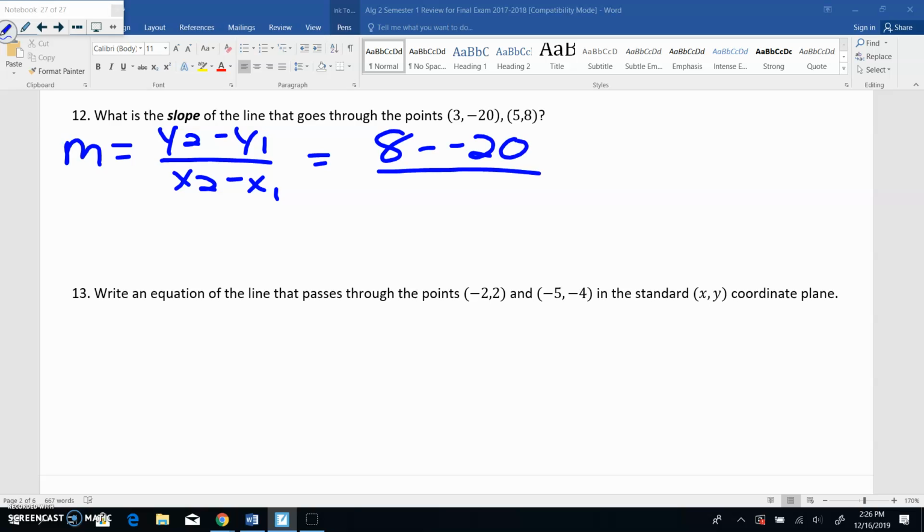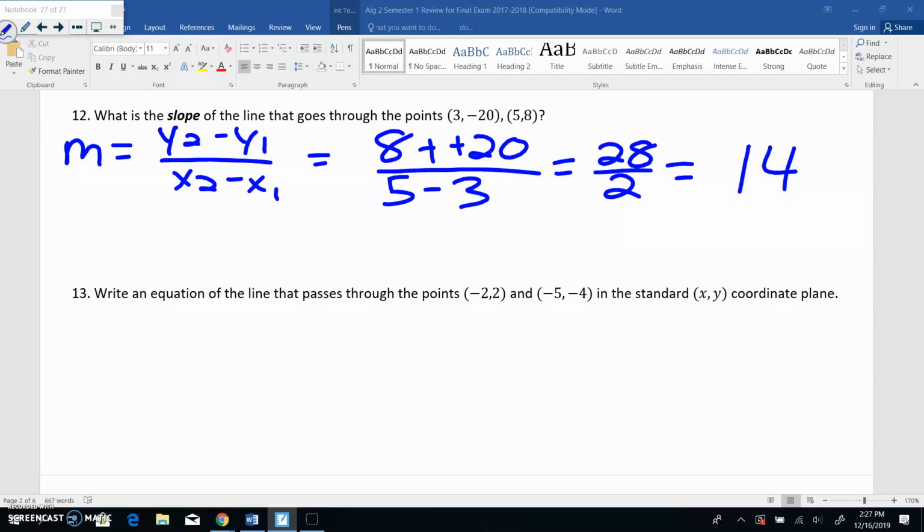On the bottom, I have my x2 minus my x1. Up top I see minus a negative, so I'm really thinking plus a positive. So 8 plus 20 is 28. On the bottom, I have 5 minus 3, which is 2. 28 divided by 2 is 14. There's my slope.